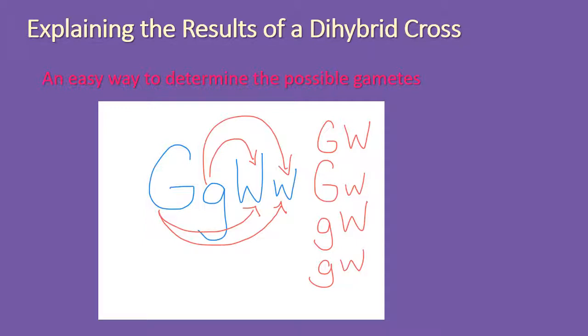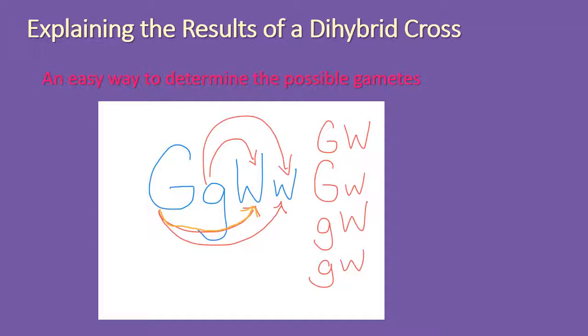Now, an easy way to figure this out is, when you've got a dihybrid cross that you need to do and you want to know what all the 4 possible gametes are, and we actually did this as your homework for chapter 2, an easy way to do that is just for each letter, so the first letter here, big G, you want to look at the 2 ways that it can combine with the other alleles.